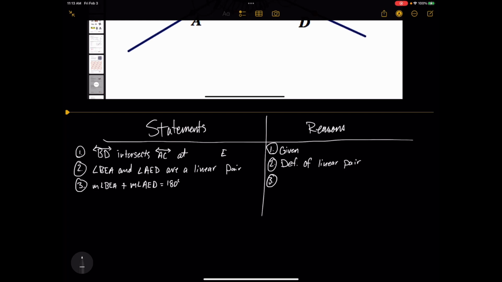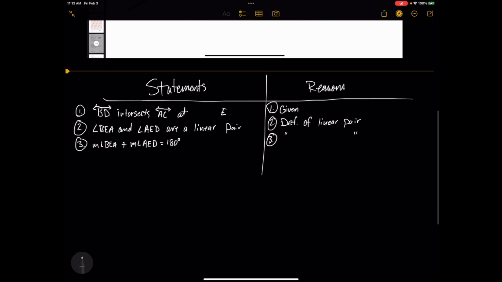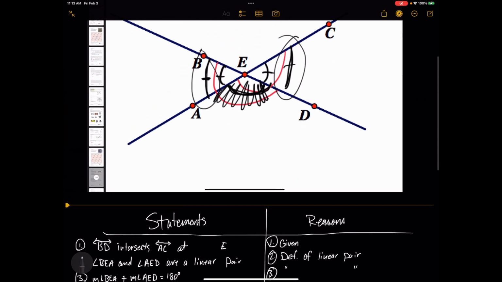Good. So you see how we make a statement, give a reason, and then use that statement to help us say the next thing. Why can I say that? It's also the definition of linear pair. Okay, very nice.